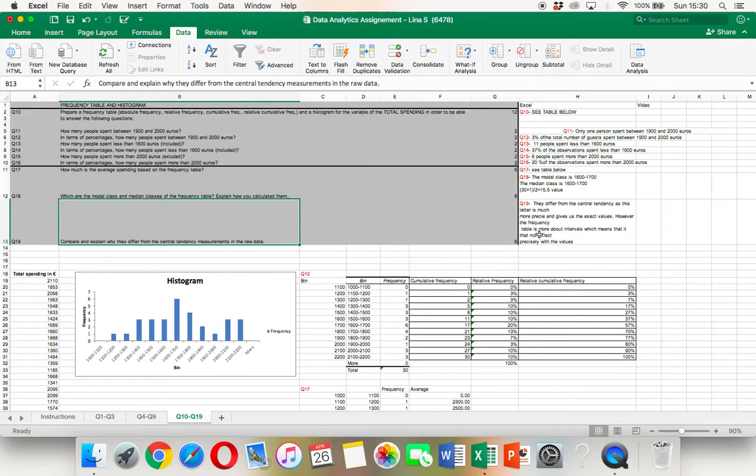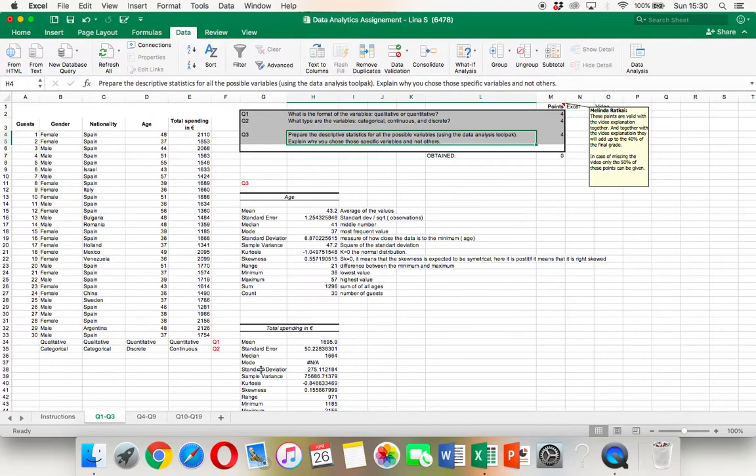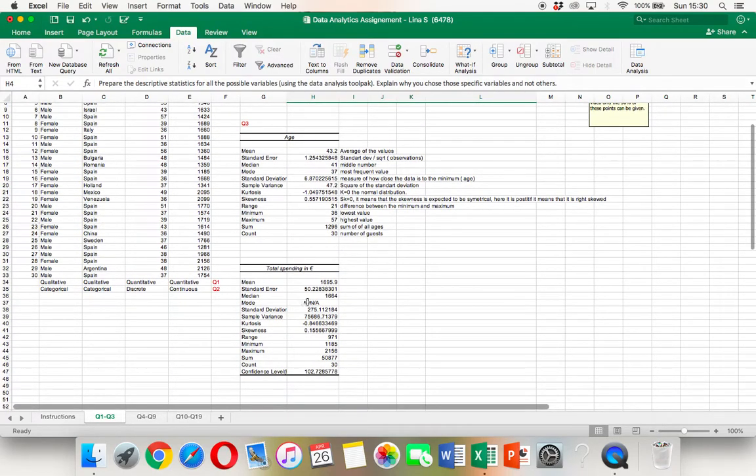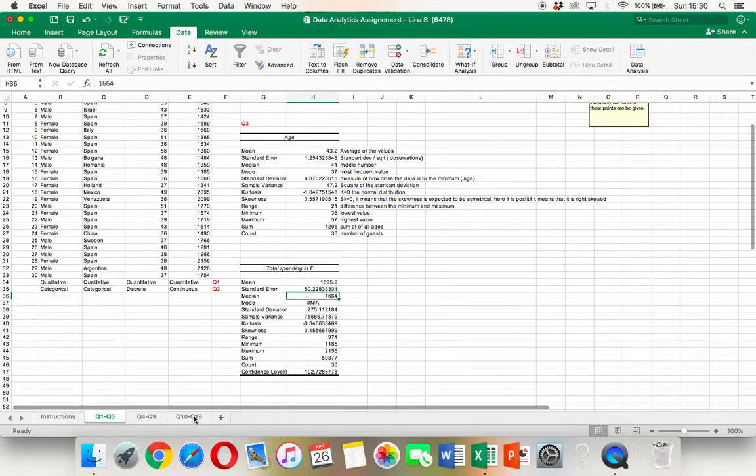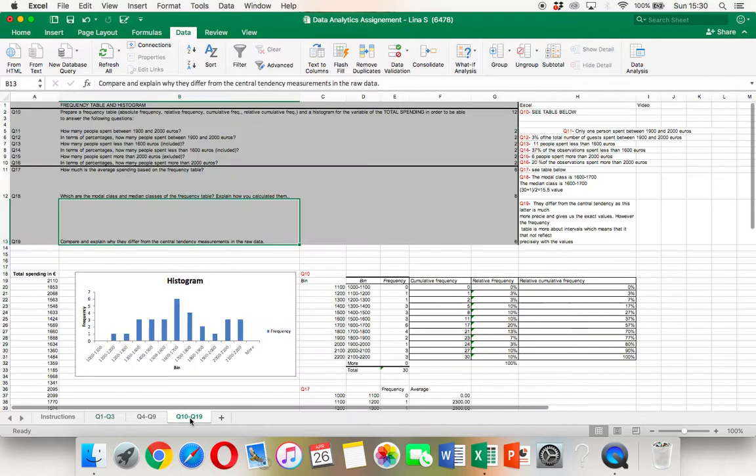As you can see, we have a different answer here than in the first part, because in the first part, for example, we had the mode that was not available and the median, which was the exact number 1,664, which is correct.